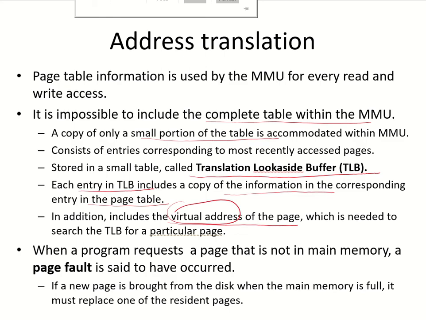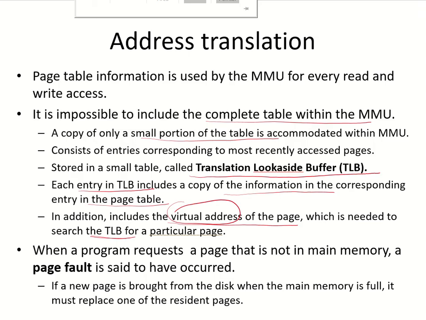Now whatever entries are there in the TLB, they have to be consistent with the entries in the page table in the main memory. So the entries in the TLB are same as the entries in the page table. So if a page is removed from the main memory and the operating system makes it invalid in the page table, the same has to be reflected in the TLB also if its entry was there in the TLB.